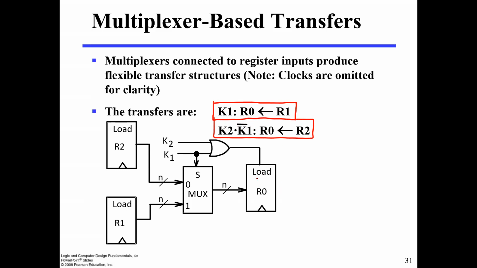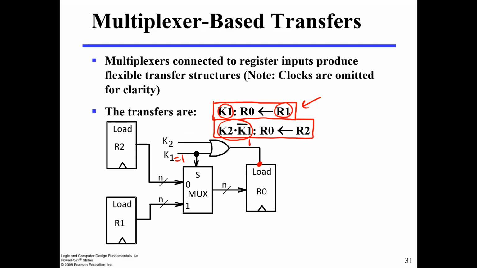The destination is R0, and this is controlling the load signal. So for this operation, if k1 is equal to 1, load will be 1. At the same time, what am I loading? In this case, I'm loading R1.